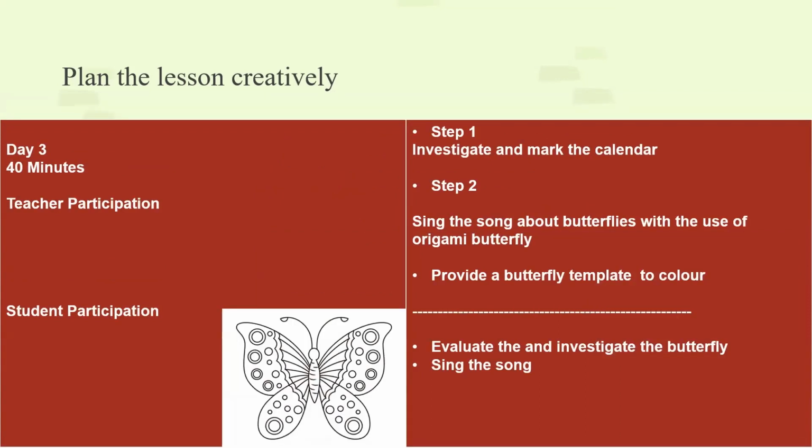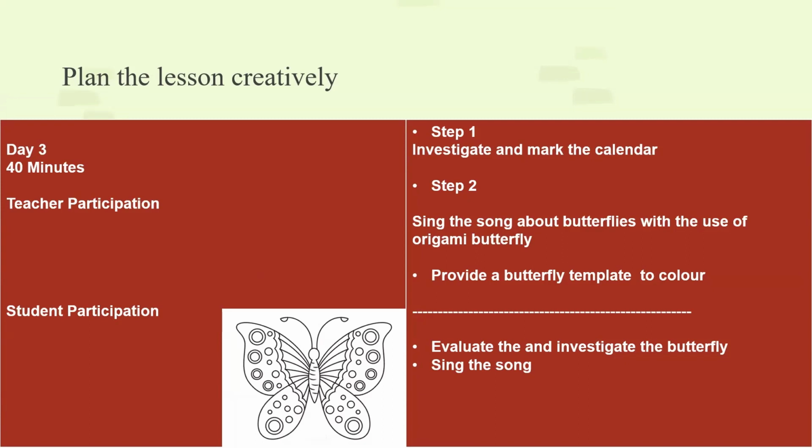On the third day, also we are going to investigate and mark the calendar. Then we are going to sing a song about the butterfly with the use of the origami butterfly. Right? That is where we apply art into our lesson, music and creativity.